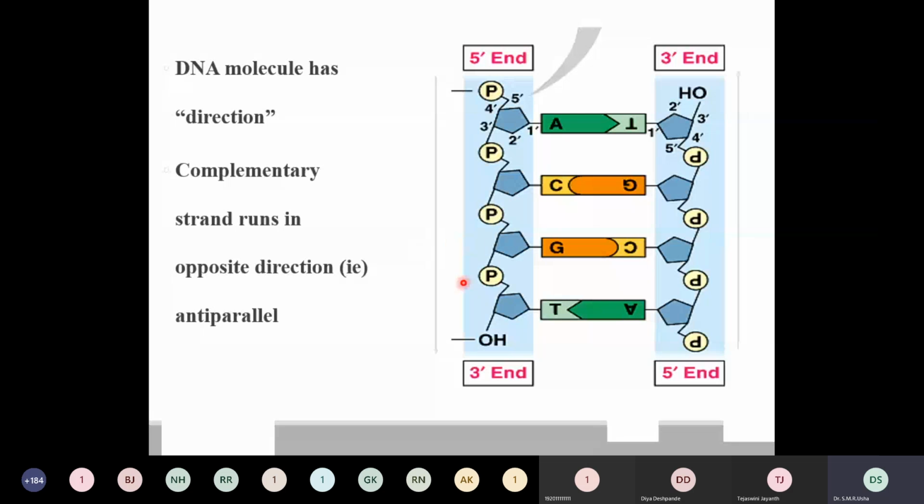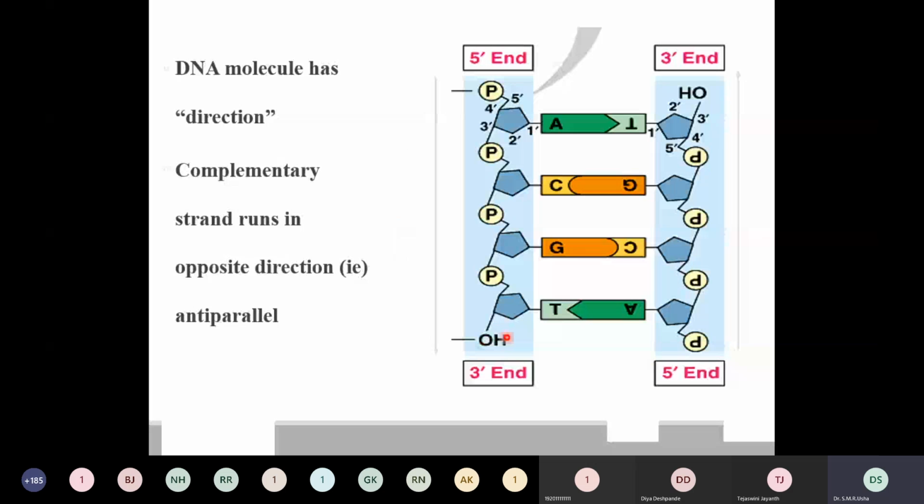If you have one strand, this strand can be used to synthesize another strand because of Chargaff's base pairing rule. So if you know that T is present in this strand, you know automatically that A is present in the other strand.